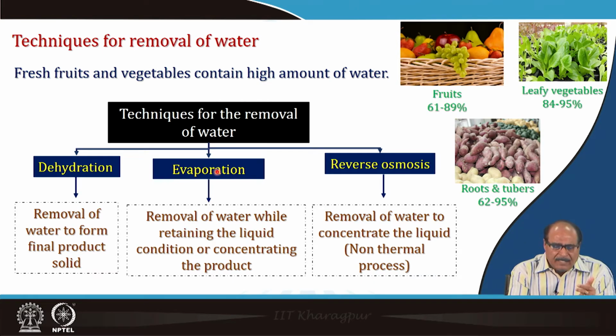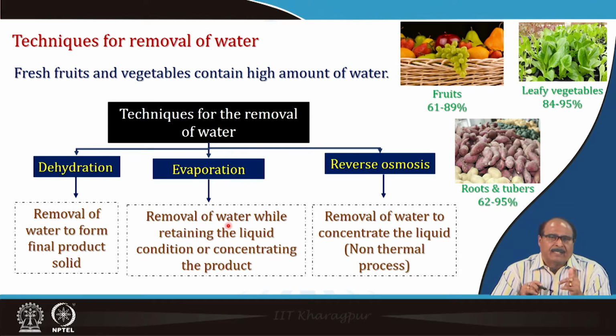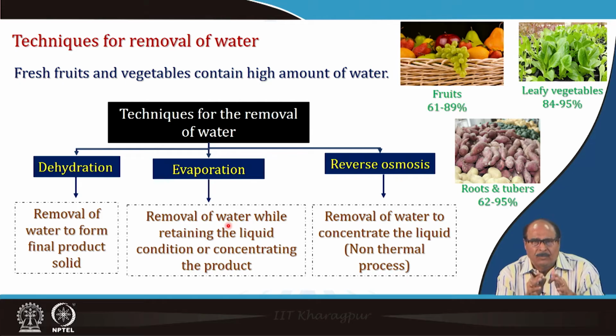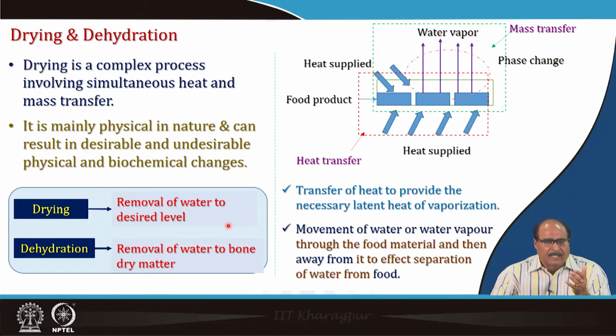Or evaporation can be used, which is removal of water while retaining the liquid condition, or concentration, for concentration of the commodities. Or reverse osmosis can be used for removal of moisture, either by osmotic dehydration or concentrating the food material. It is normally a non-thermal process and results in better product quality.